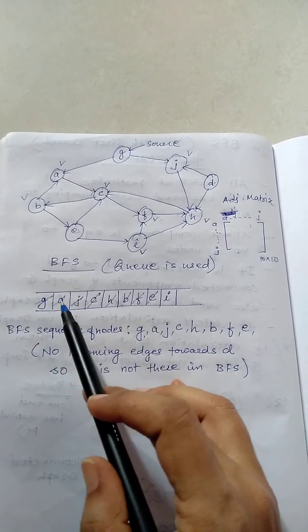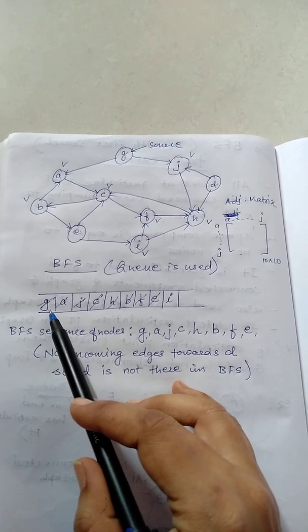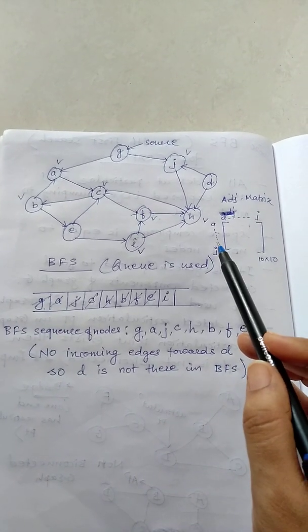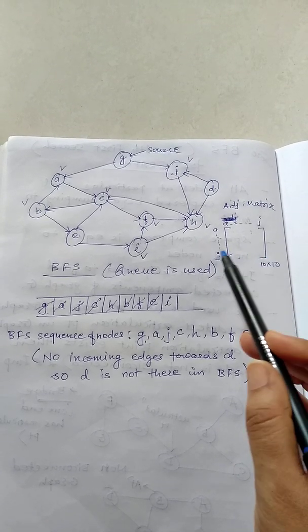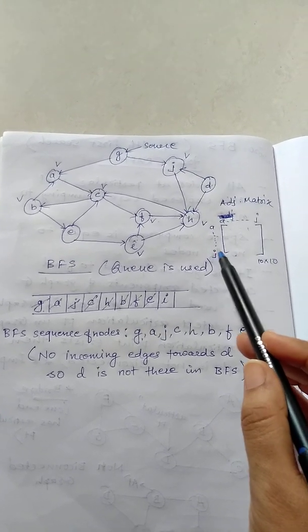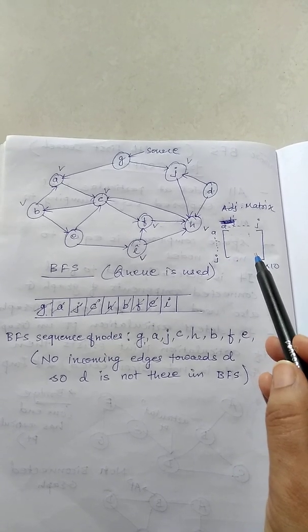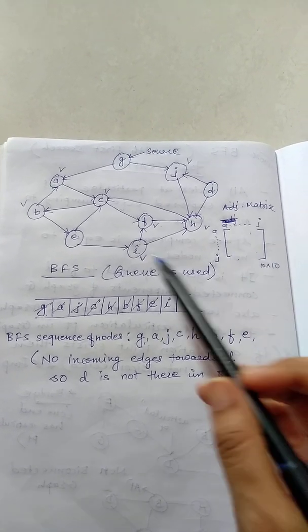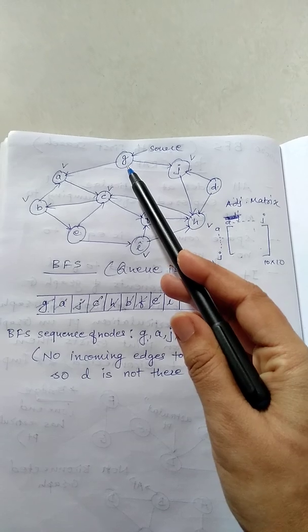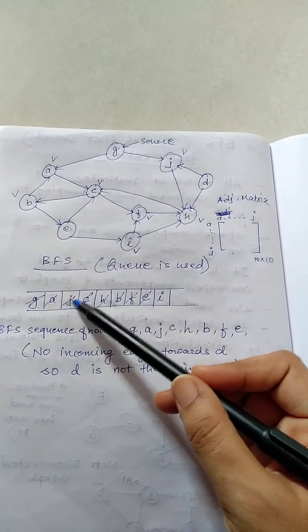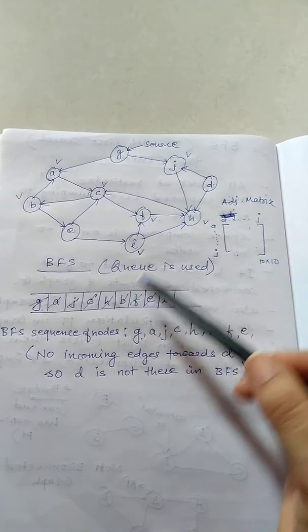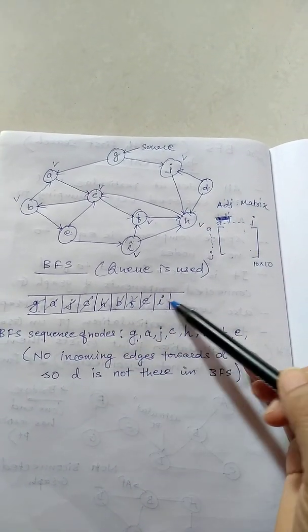Then you have to insert all the adjacent nodes of G. Those adjacent nodes you can capture from the adjacency matrix for row G. For row G, whichever entries are 1, those are the adjacent elements of G. So the adjacent nodes of G are A and J. We insert them in the queue and mark them as visited. You again check if the queue is not empty.